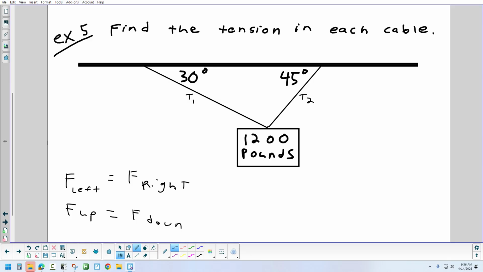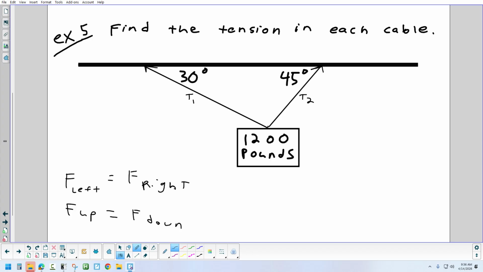Cable 1 is pulling left and up, because if you cut cable 1, that weight would drop a little bit and swing to the right. So it would go down and towards the right. So this cable must be pulling up and to the left, and this one is pulling up and to the right. Because if you cut cable 2, it would swing left and drop down.